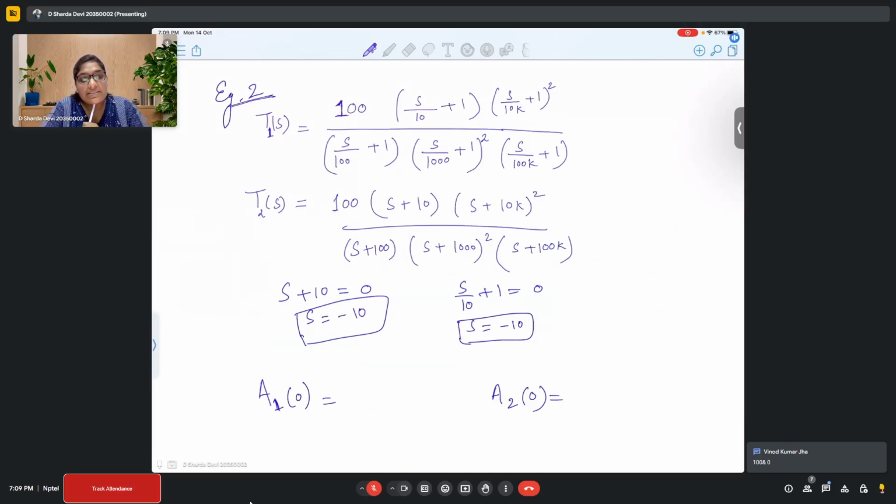Okay, somebody says it will be 100 and 0. Can you explain why you are saying that? So one case is 100. So you mean transfer function 1 will give you 100 gain and transfer function 2 will give you 0. I guess it was Vinod. So can you unmute yourself and answer, Vinod? Why is it 0 for the second and 100 for the first?